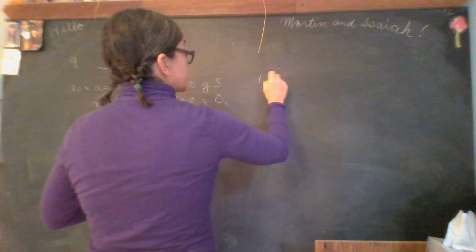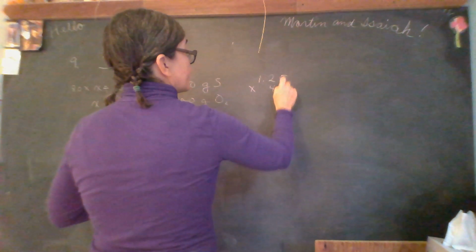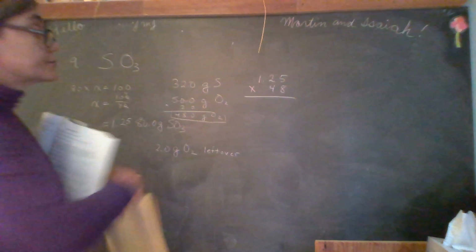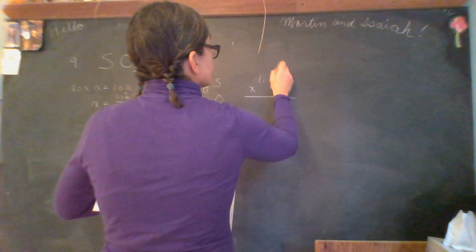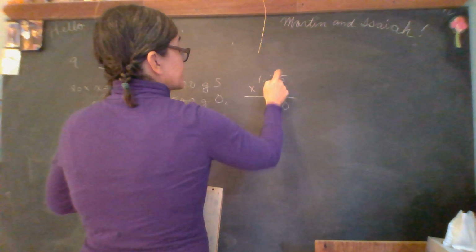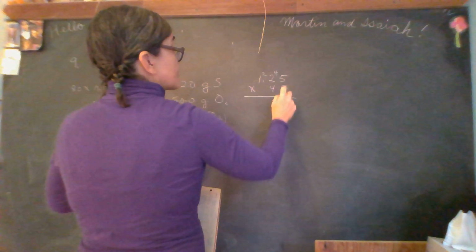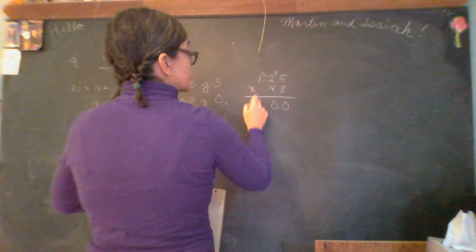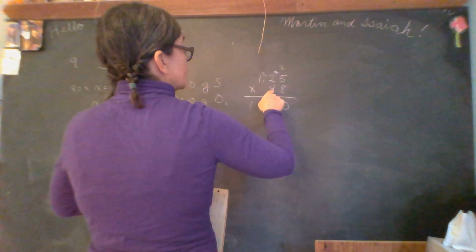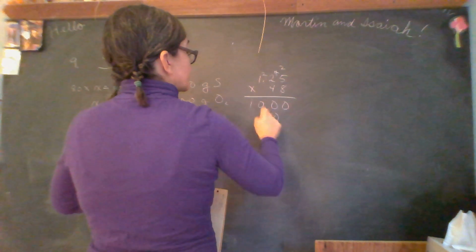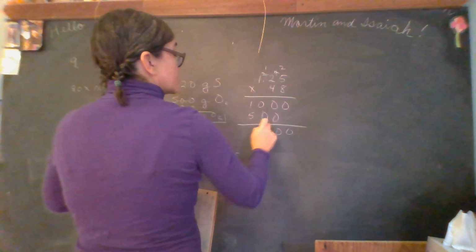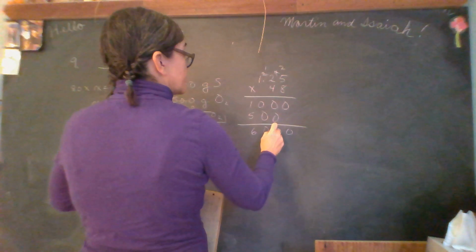So I'm going to say 1.25 times 48, it's easier math. 5 times 8 is 40, carry the 4. 8 times 2 is 16 plus 4, down 0, carry the 2. 8 times 1 is 8 plus 2 is 10. 4 times 5 is 20, write down the 0, carry the 2. 4 times 2 is 8 plus 2 is 10. 1, 2, 1, 2.